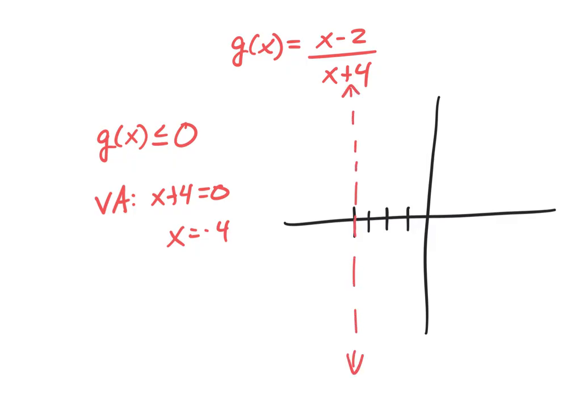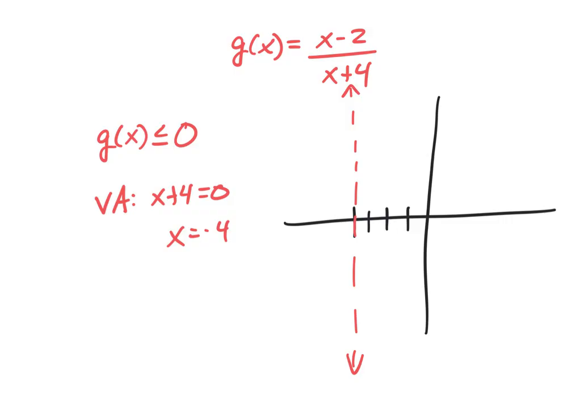We're going to put that line. That's where the graph is going to approach, okay? And you could also do your y-intercept if you want to here, and do all of those things that we talked about. But I'm just going to use the graph here to kind of help me identify what we need here.